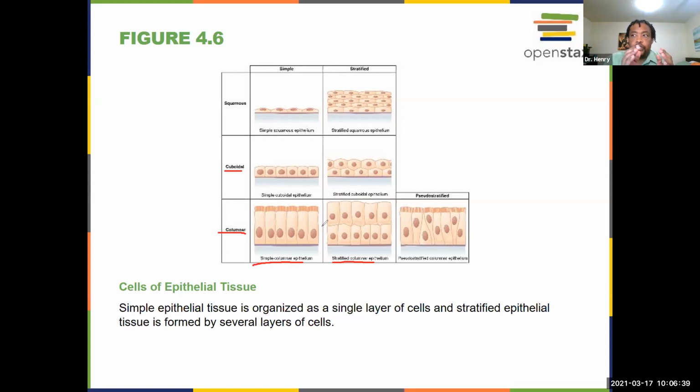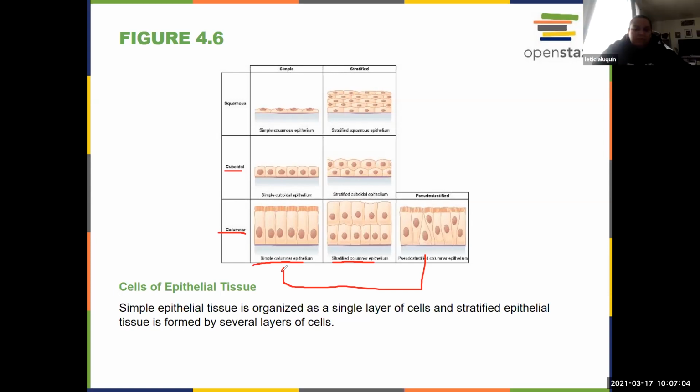They're really simple. They're only one layer, but they're not these perfect columns. They're not nice uniform columns. Does that make sense? You see the difference between this guy and this guy? And do you see the difference between this guy and this guy?